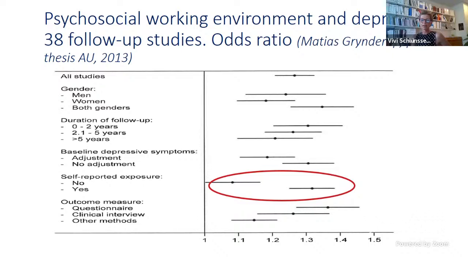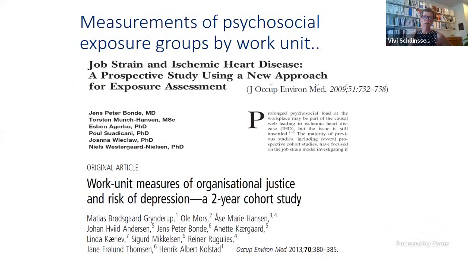Within the psychosocial area, this issue has been dealt with in different ways. I think some of the most interesting tools has been to group the psychosocial exposures by work unit. So instead of using the self-reported information about psychosocial exposures, you simply use the average of the work unit. This approach has been used in more papers.